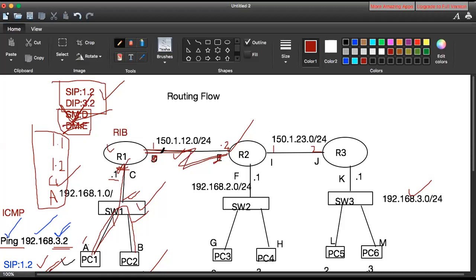Correct, because there we would be using HDLC or the PPP protocol. So in that scenario there won't be any MAC address added here. But since this is an Ethernet environment, there would be source MAC D and destination MAC E.